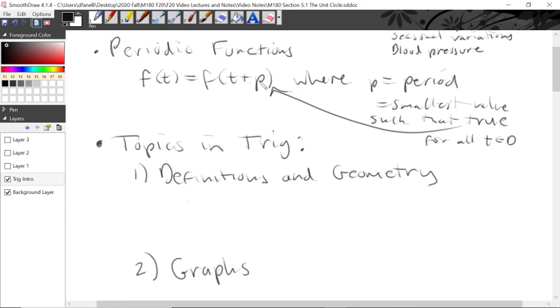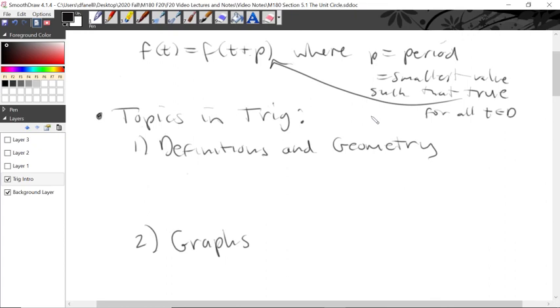If you add that period to any value of the input variable, the output would be equal to the original value of the function. Those are periodic functions, and they are best described by the trigonometric functions.